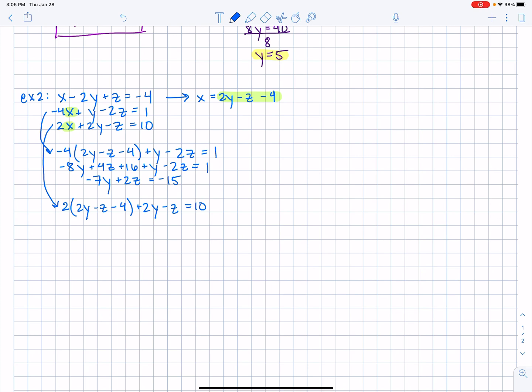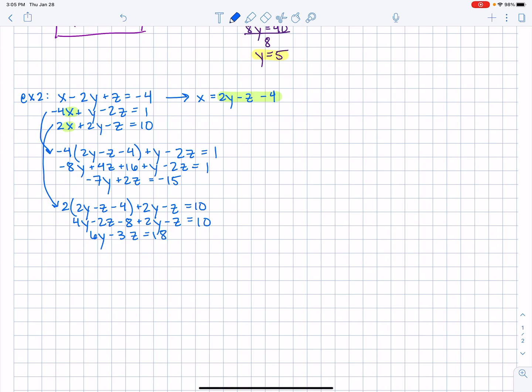We're going to go ahead and distribute: 4y minus 2z minus 8 plus 2y minus z equals 10. You are going to add 8 to both sides and combine your like terms, for 6y minus 3z is equal to 18.